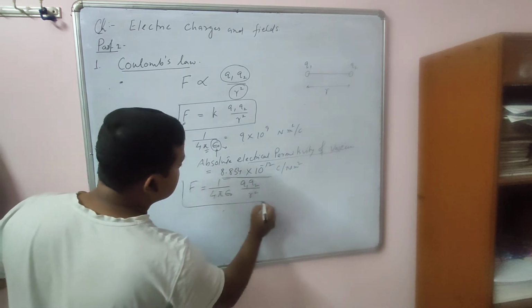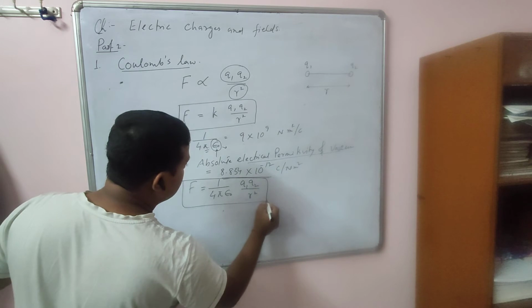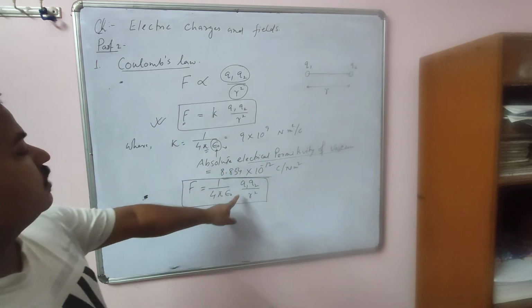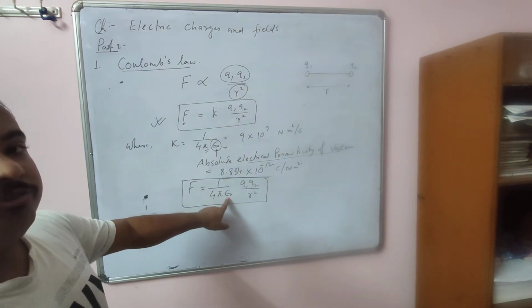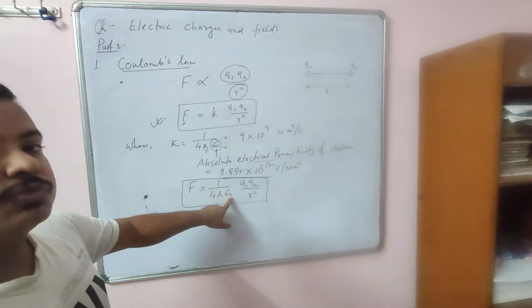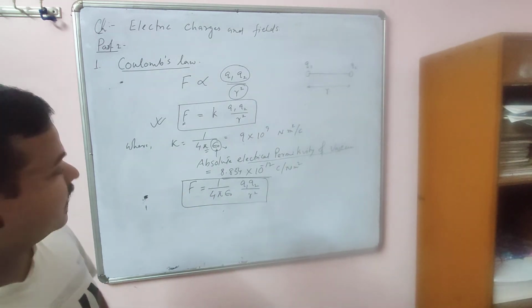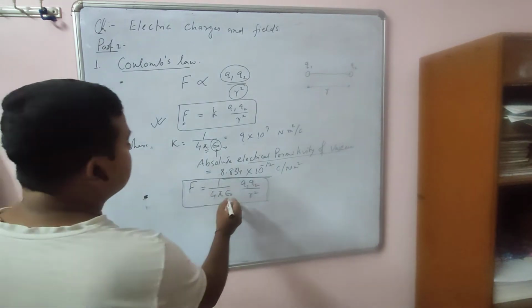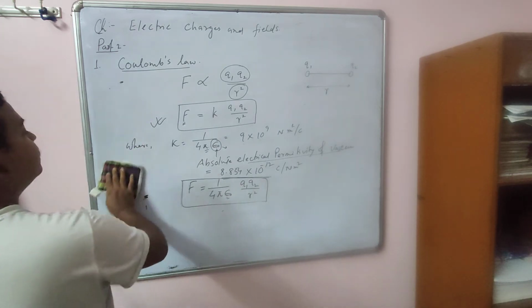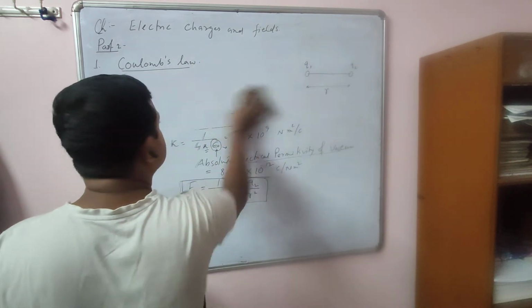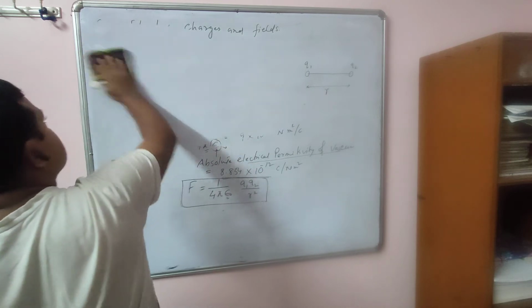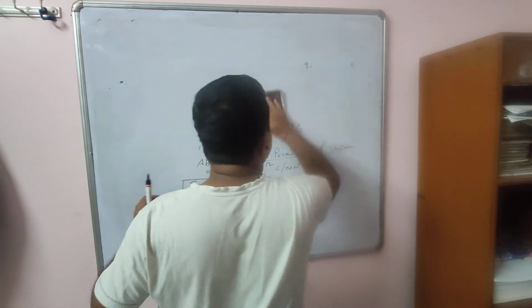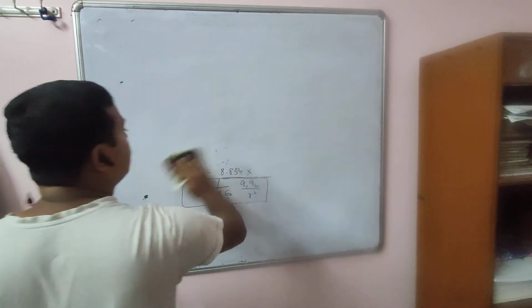This is the Coulomb force between any two charges placed in vacuum. This 0 we use for vacuum. I think you understand Coulomb's law.